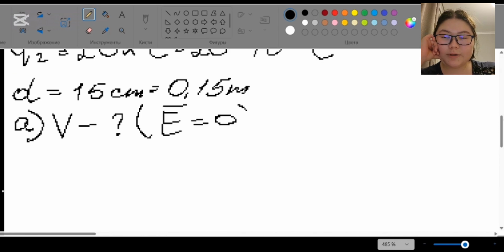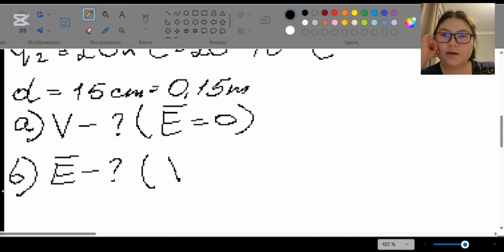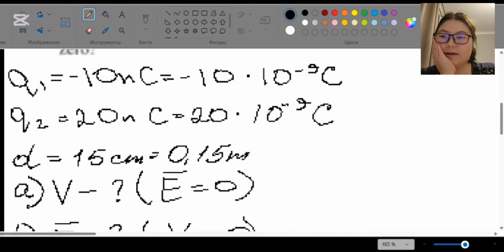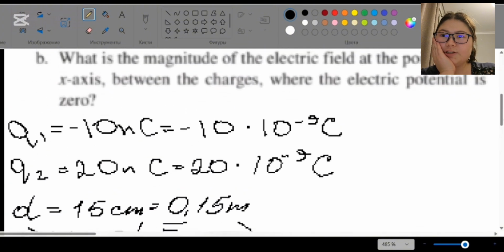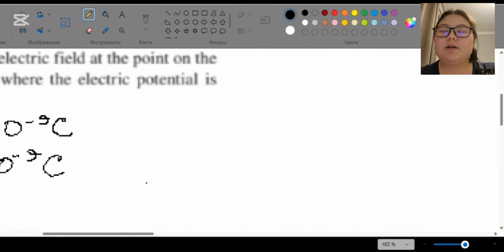And in B, we have to find what is the electric field where the electric potential is equal to 0. Okay, let's start solving. So first, in order to find the electric potential, let's first draw the figure.